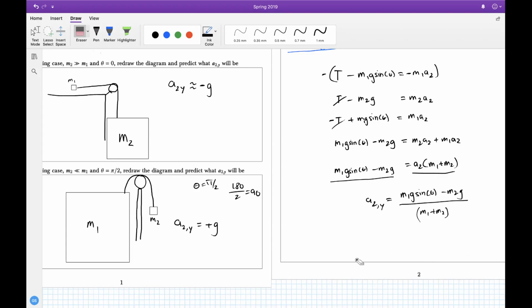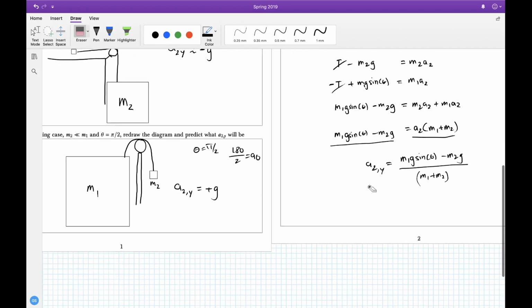And then the second limiting case is whenever M1 is huge. When M1 is really big, and M2 essentially doesn't exist, and when theta is 90 degrees, we get a1.